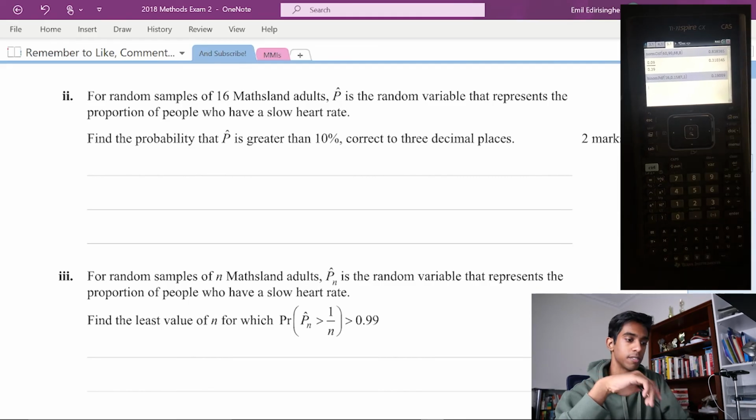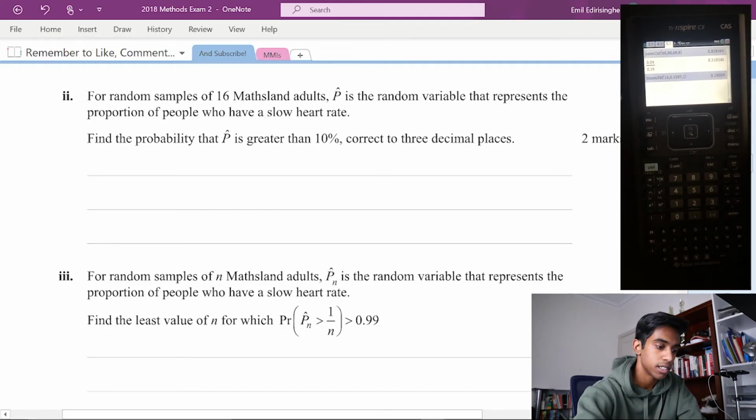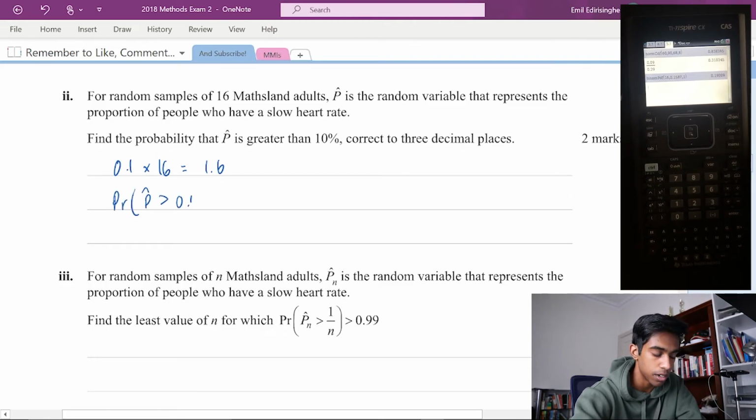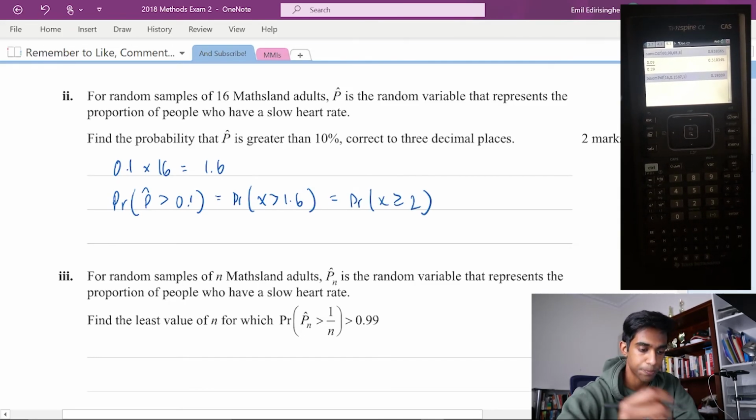So now with this question, we're given a sample of 16 Mathsland adults. p hat is a random variable, and we need to find the probability that p hat is greater than 10%. 10% is 0.1 times 16, which is 1.6. So the probability that p hat is greater than 0.1 is equal to the probability that x is greater than 1.6, which is equal to the probability that x is greater than or equal to 2.